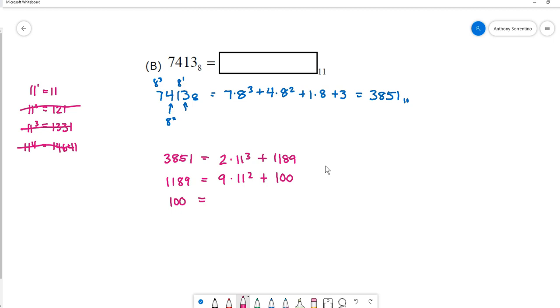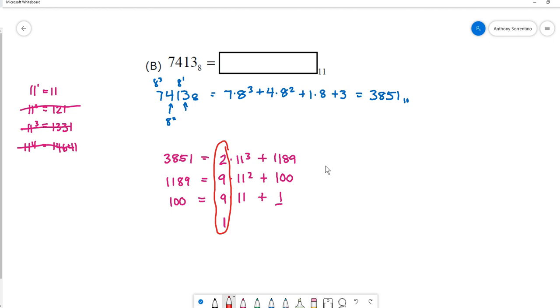How many times does 11 go into 100? Well, it goes in 9 times. 9 times 11 is 99, so I have a remainder of 1. And this 1 just drops down to here. So the final answer would be this number right here.